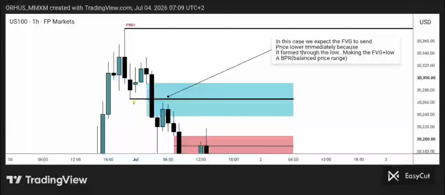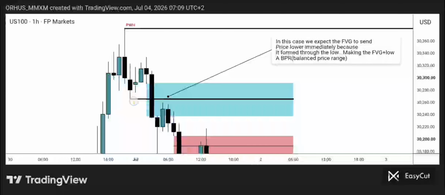Let me continue. In this case, we expect the FVG, which is the imbalance, this blue range, from the low of this week to this high, the gap between, which I've outlined here, to send price lower immediately because it formed through the low. What does through the low mean?